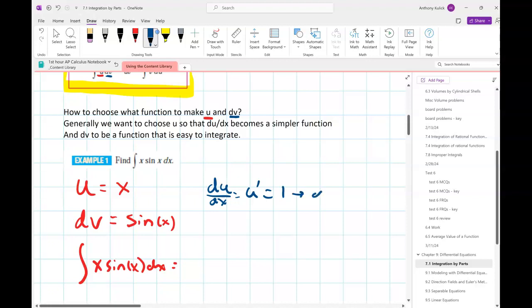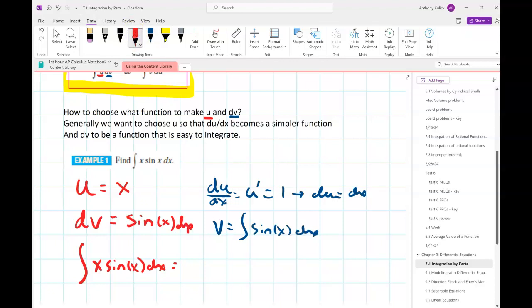So du is equal to 1 dx. And then v is going to be the integral of sine x dx. And what's the integral of sine? Close, negative cosine.